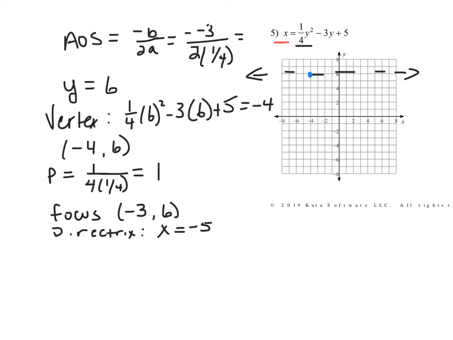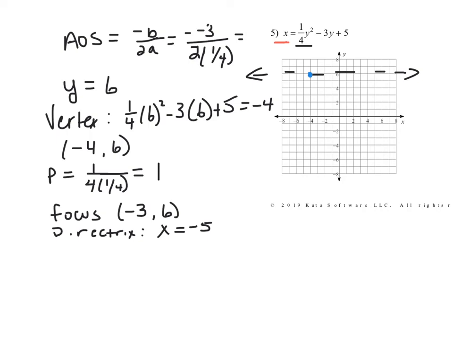The next thing I want to calculate is the value for p. How far away from the vertex is my focal point, or my focus, and my directrix, the line that's perpendicular to my axis of symmetry? To find the focus, I know that my y value is going to be 6 because the focus is also on my axis of symmetry. So I need to find where the x value would be.